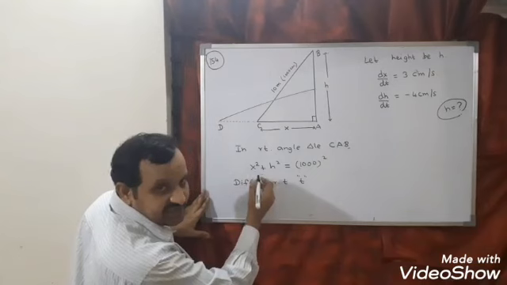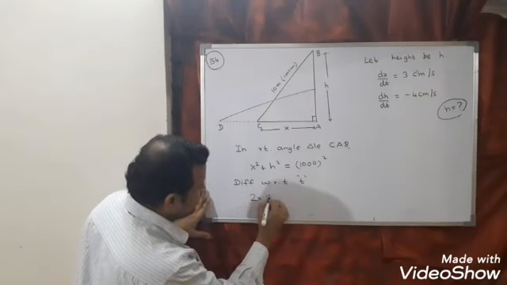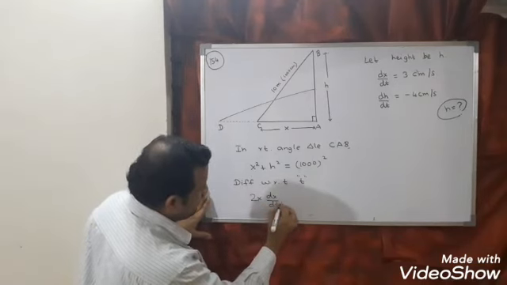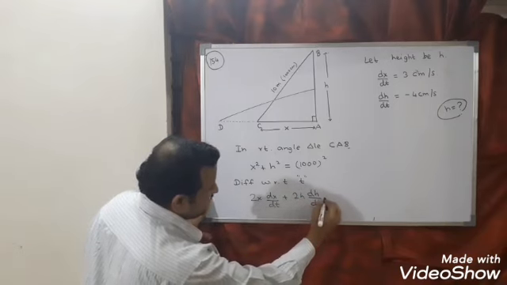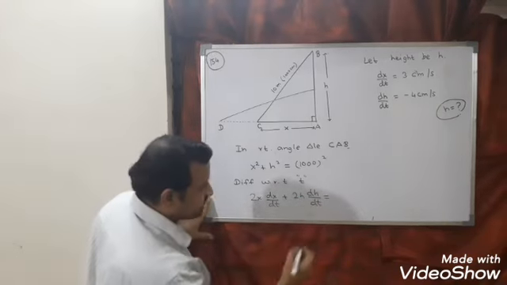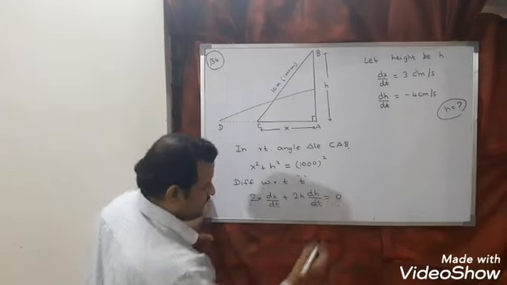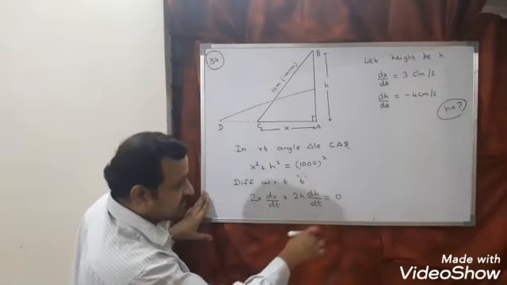So what you will get? 2x dx by dt plus 2h dh by dt is equal to 0, because the differentiation of a constant is 0. Now take 2 common and send it to the other side.